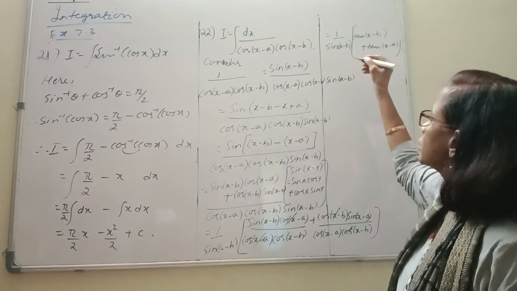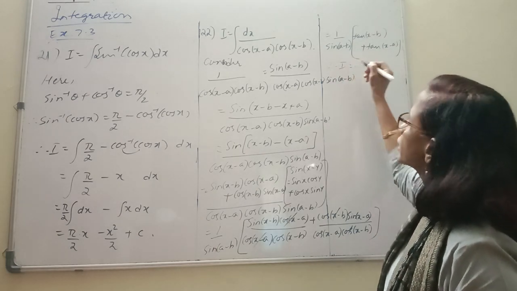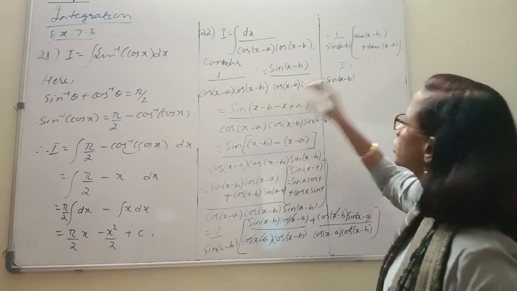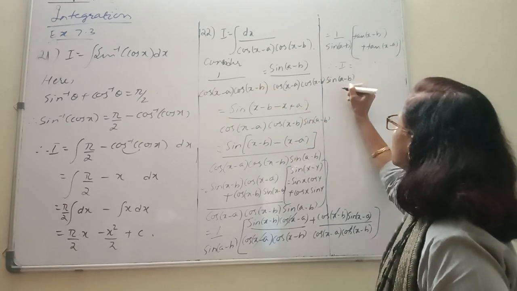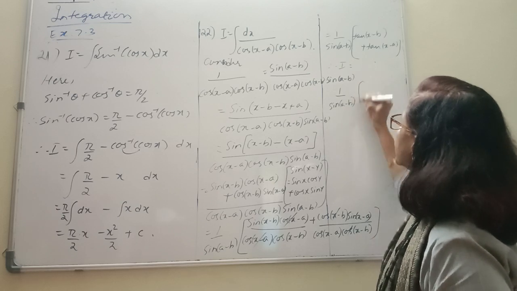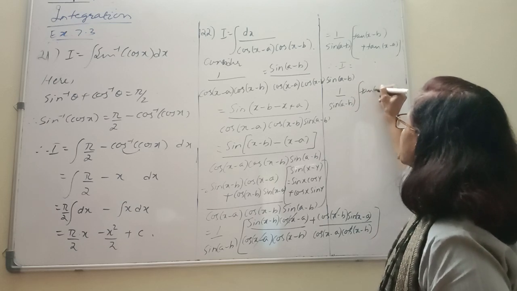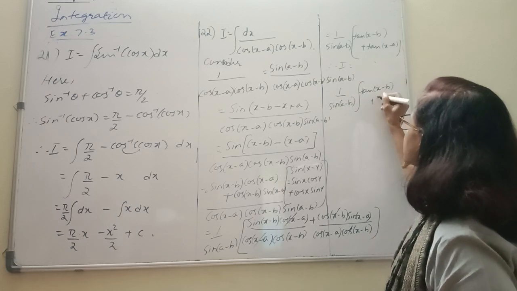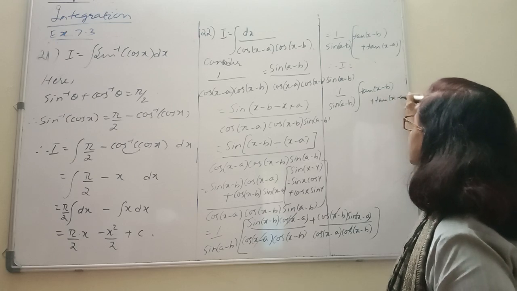Now let's come back to our integral. It is converted to 1 over sin a minus b, the overall common factor that can go out, times the integral of tan of x minus b minus tan of x minus a dx.